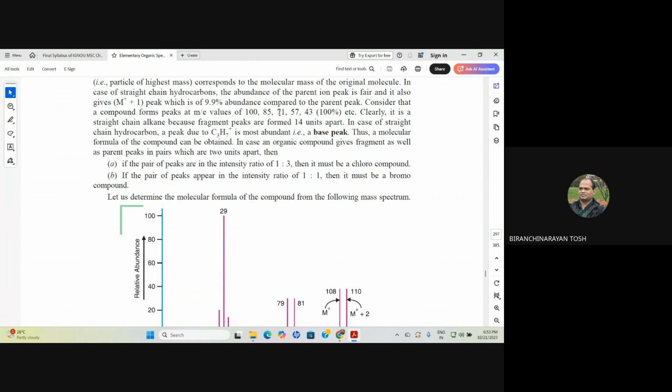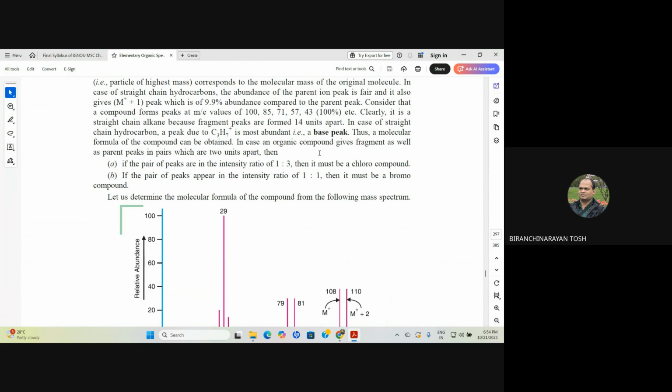So 14 apart means only a CH2 group fragment occurs. That's why it is a hydrocarbon. In case of a straight chain hydrocarbon, the peak due to C3H7 is most abundant, so that is the base peak. Thus, a molecular formula of the compound can be obtained.